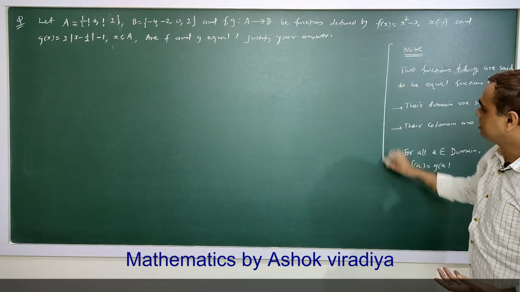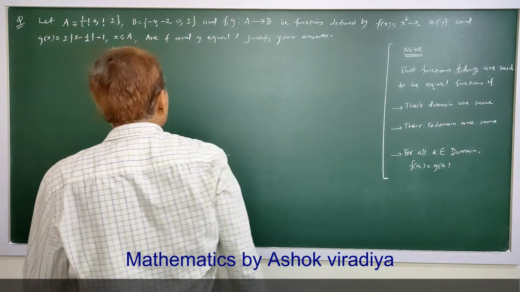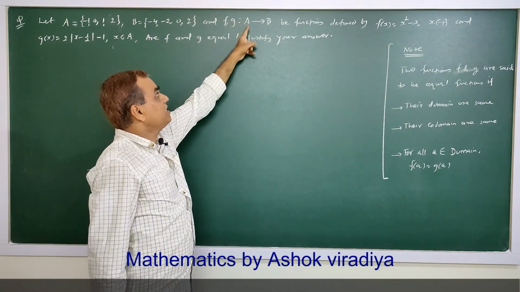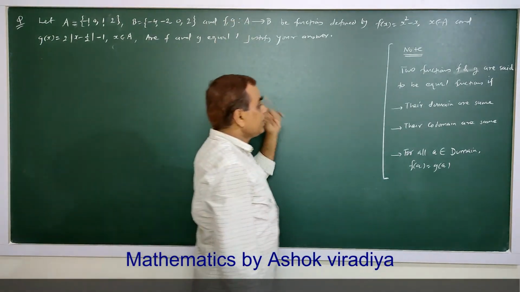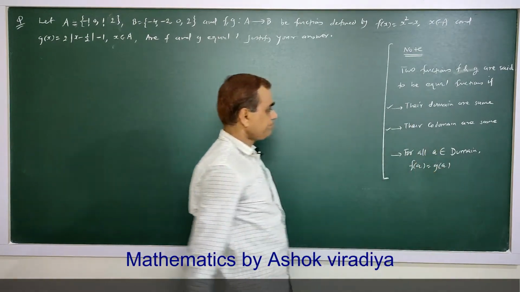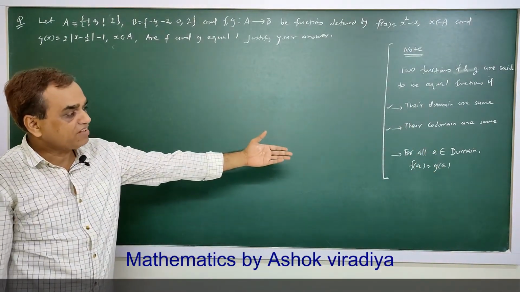Keep this note in mind. Here the domain of f and g is A. The codomain of f and g is B. So it is clear that these conditions are satisfied. So the only work left is to verify the third condition.